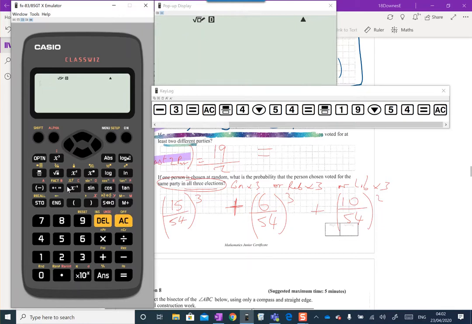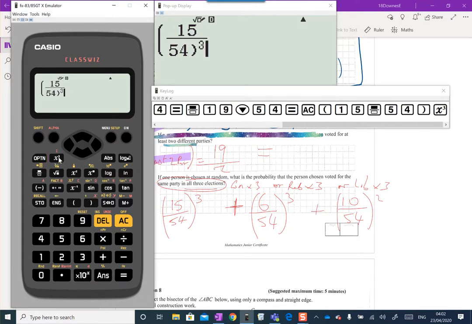Alright, so we need brackets on the fraction bars. And we need fraction bars. And we need to cube. You go looking for your cube button. I didn't turn it on at the right time. I need it to come out first. Then turn on. Then cube. Then plus.